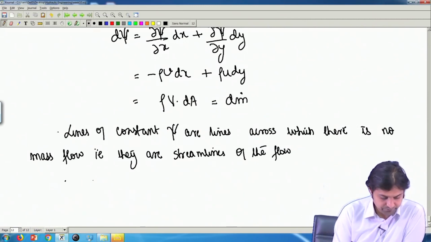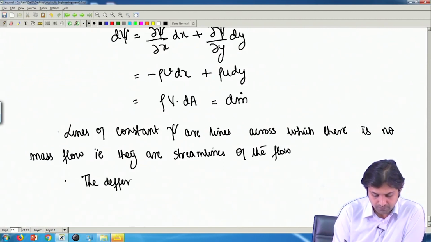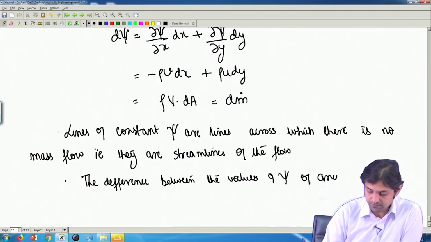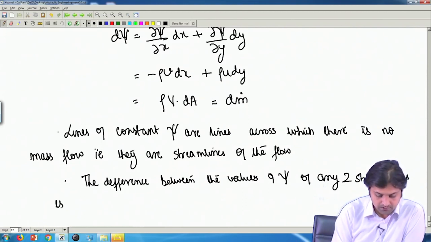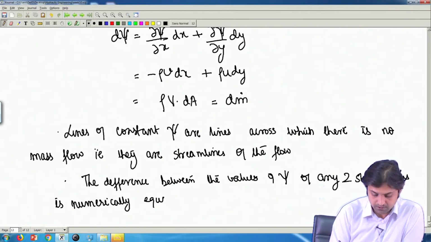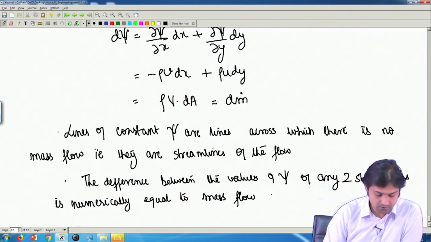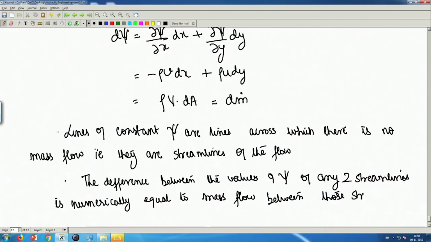Secondly, the difference between the values of psi of any two streamlines is numerically equal to the mass flow between those streamlines.